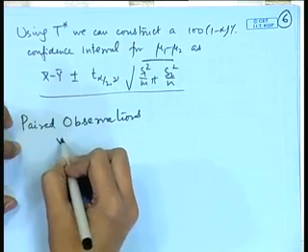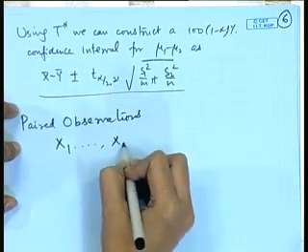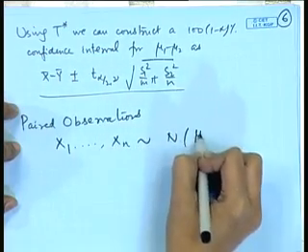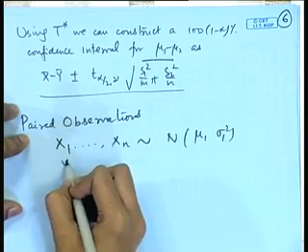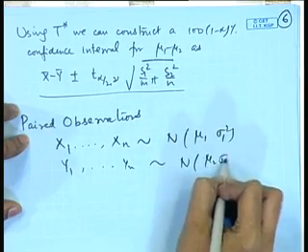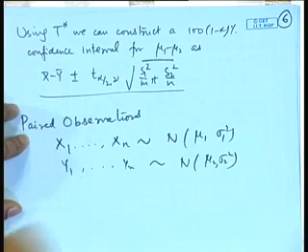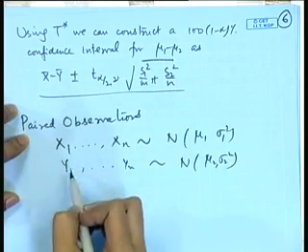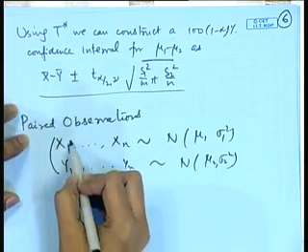So, here although you are saying x 1, x 2, x n follow normal mu 1 sigma 1 square and y 1, y 2, y n follow normal mu 2 sigma 2 square, actually the sample has not been selected in this way because these observations may be paired.